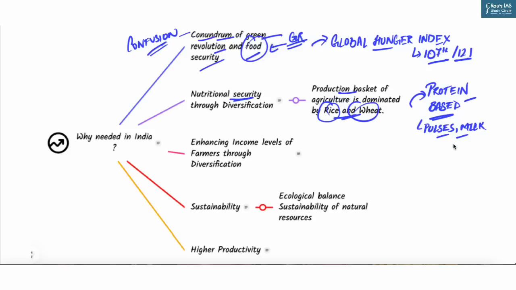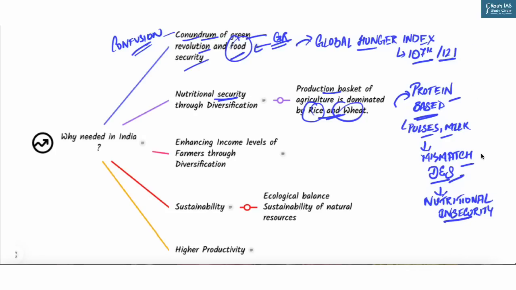So it is leading to mismatch in demand and supply, thus creating nutritional insecurity. So we need diversification to plug this gap of demand and supply, and this will also address the micronutrient deficiencies like vitamin, iron, etc.